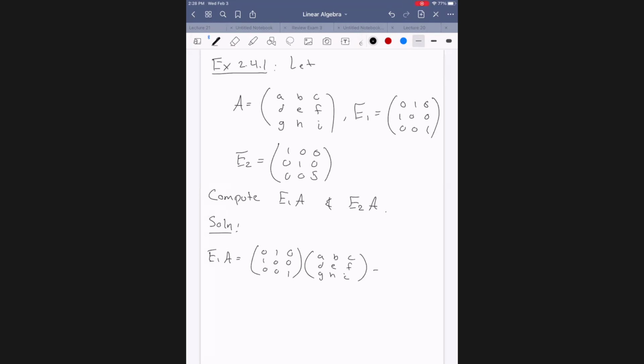All right, if I do this, what's going to happen? Well, we already know how to multiply matrices, right? So let's multiply that. 0 times a is 0, 1 times d is d, so that gives me a d right there. 0 times g is 0. Now let's do the second row.